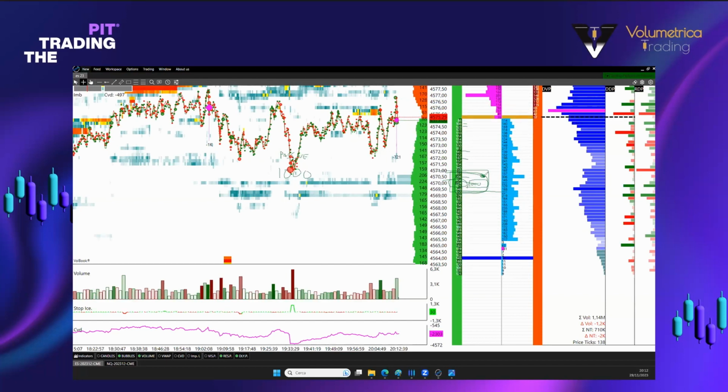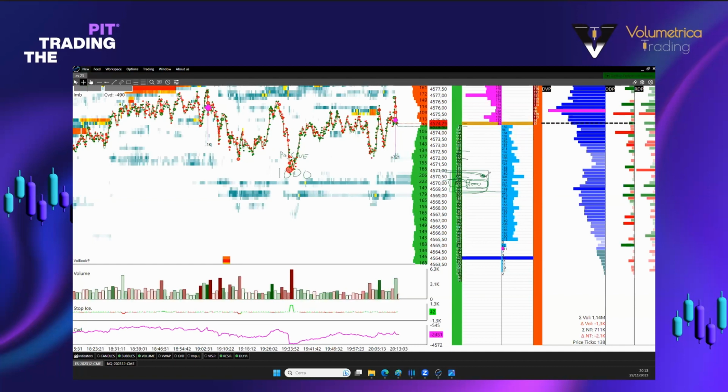And of course, nobody's going to sell by looking at that. If you have the evidence of that kind of order, you're not going to sell, not in front of a support like that. And on the other way, all of the people looking to buy will be trying to buy according to this big order in front of them.